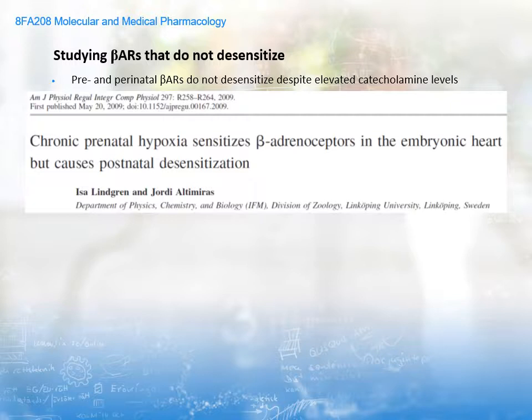Isa Lindgren defended her PhD thesis without being able to fully answer why it is that beta-adrenergic receptors do not desensitize. That's something that I'm still interested in working on, but we're just not having any financing for it at the moment.